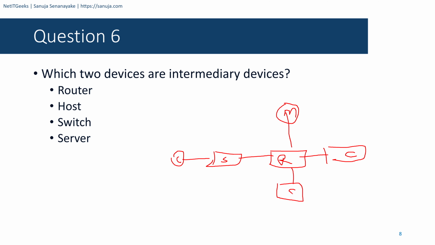I'm just giving you some information just to make this question a little bit better. And let's say this is a printer, and there's another computer here, and let's say this is a server.